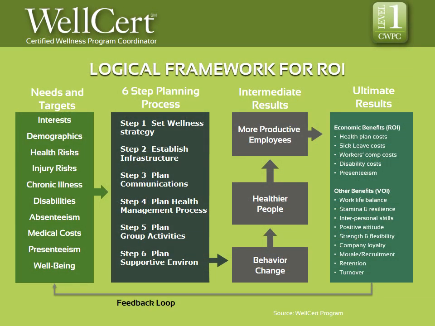The logical framework for ROI that we use is from some work originally done by D. Eddington, modified by the Chapman Institute, and it involves needs and targets of different types.